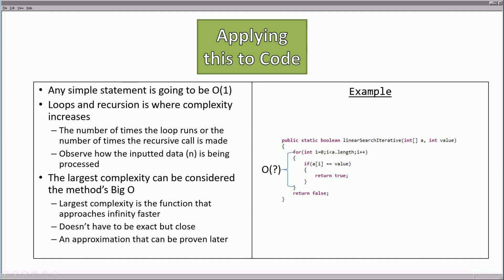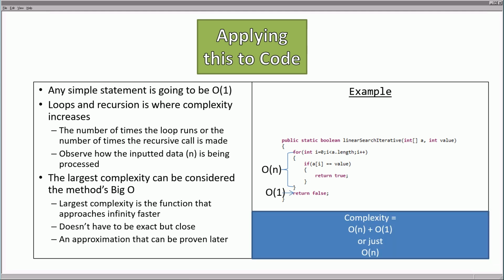Now, if we assume that the array size is n, we can sufficiently say this for loop is going to run n times in the worst case scenario. Now, we also have this constant value still remaining there. But if we take the big O of this n and add it together with this constant value, we can just say it's big O of n.